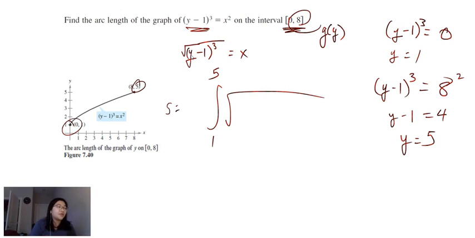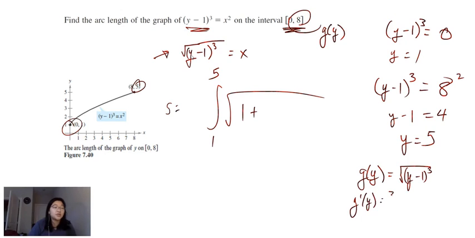And then we're going with 1 plus our derivative with respect to y. Our derivative of g of y. And let's do that over here. So g of y is root of y minus 1 cubed. So g prime of y is going to be 3/2 times y minus 1 to the 1/2 power. And then with the chain rule, we're going to take the derivative of y minus 1, but that's just 1.